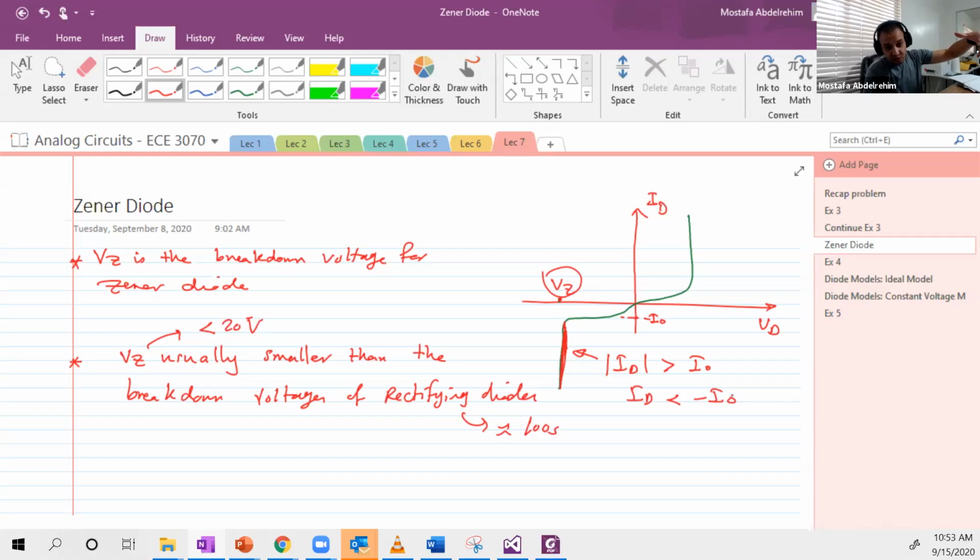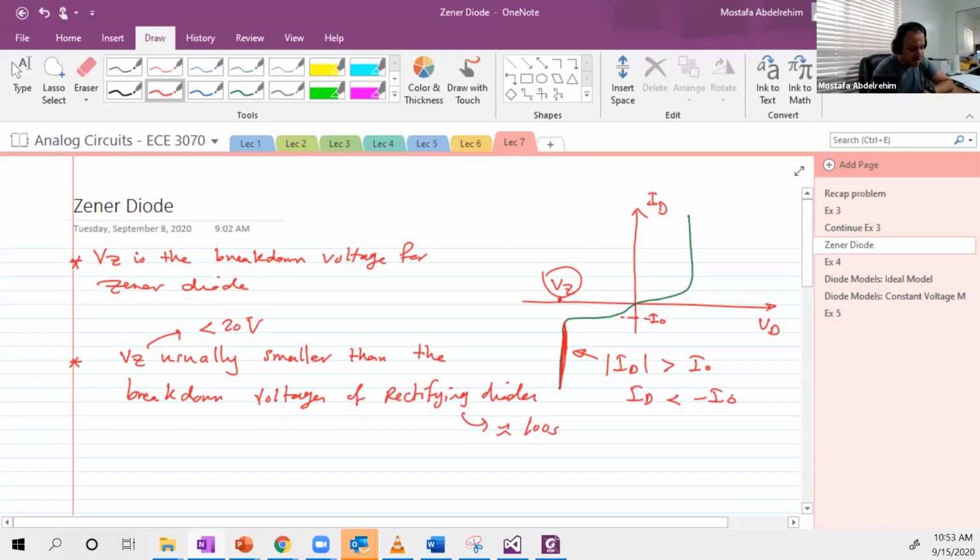These atoms that were hit with these electrons will emit other electrons, and so on and so forth. This one has a relatively different mechanism, which can happen at even lower voltages. So we need only a very low reverse breakdown voltage compared to the first one.